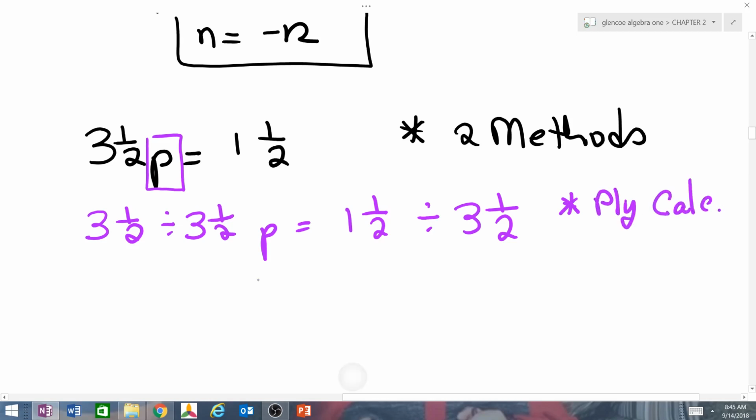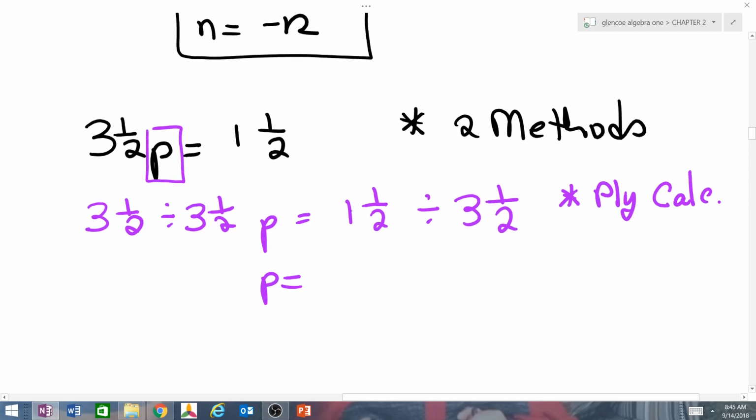Or the other option is you can go ahead and do it shorthand and change it to improper fractions, and then remember, multiplying fractions, that's no problem. Top times top and bottom times bottom. Dividing fractions, that's easy too. Change divide to multiply and flip it too.